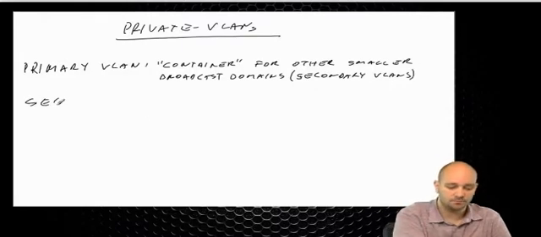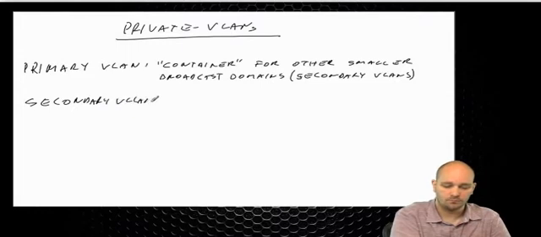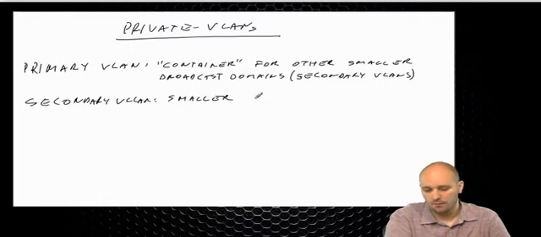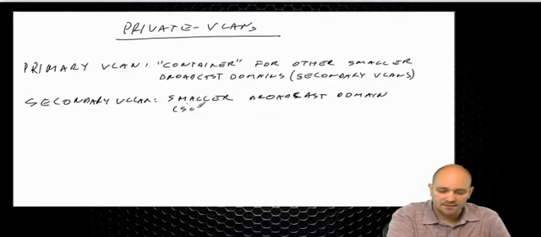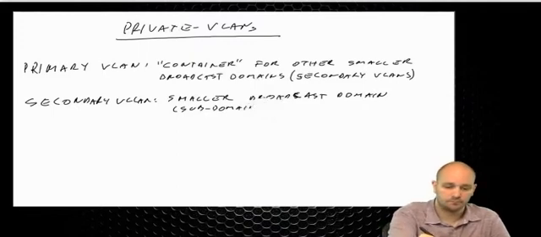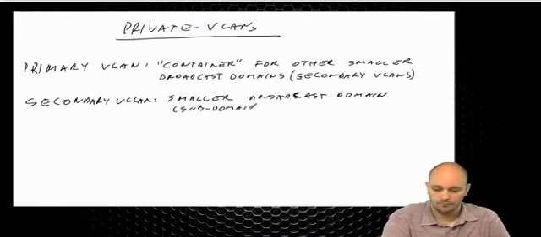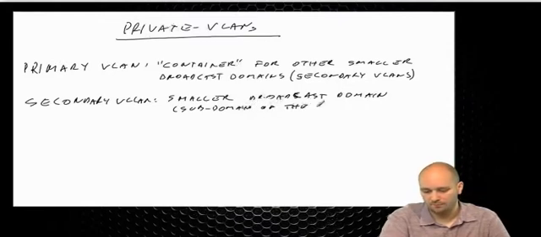A secondary VLAN is this smaller broadcast domain, or we can say it's a subdomain of the primary VLAN.